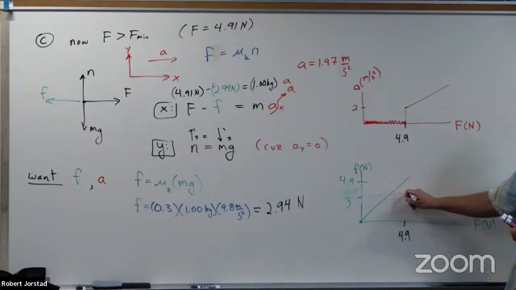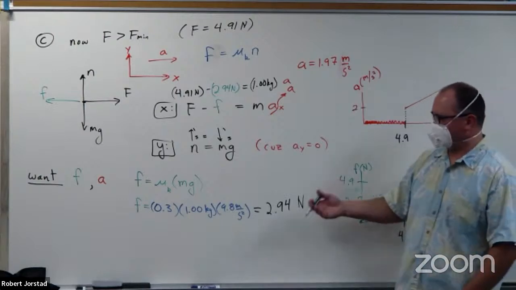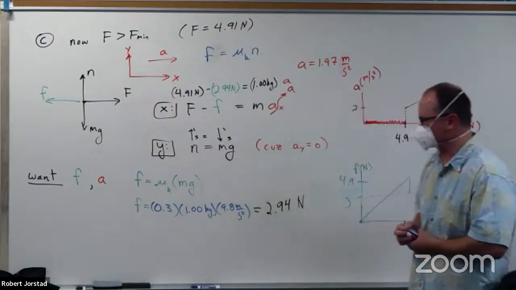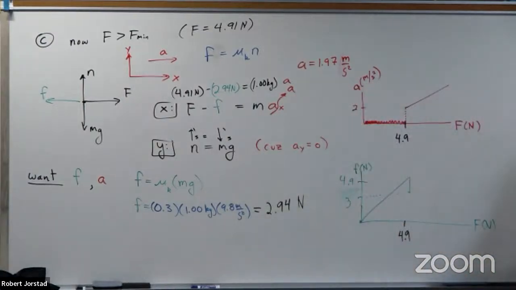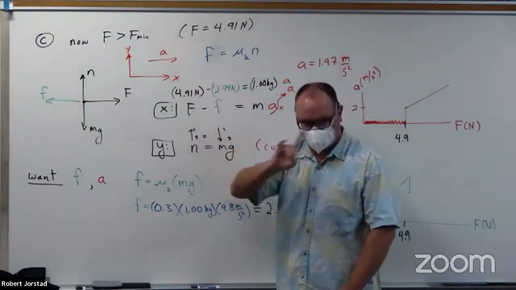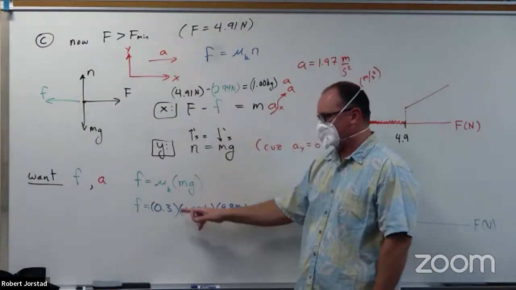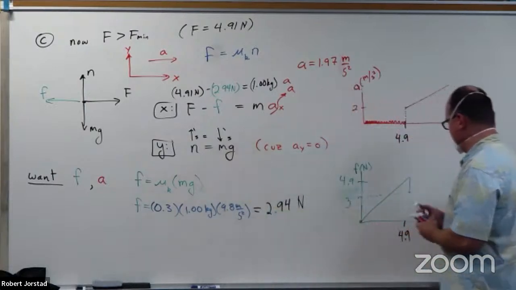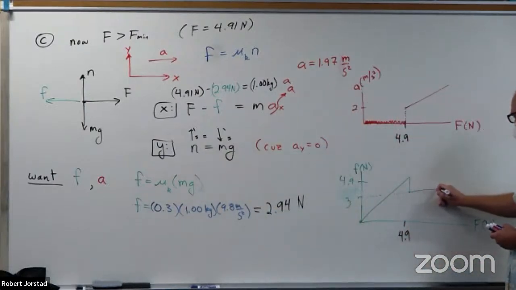Now again, my scale might not be perfect. As you apply more and more capital F, what happens to the frictional force? Does the frictional force change? No. Look at this. Once you exceed this special value, look at the frictional force. It's constant, constant, constant.